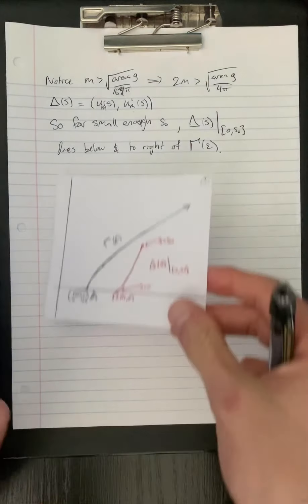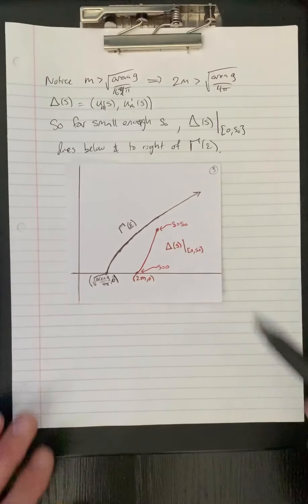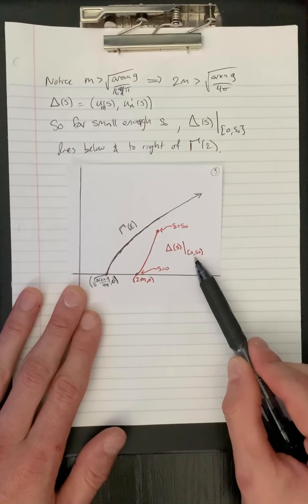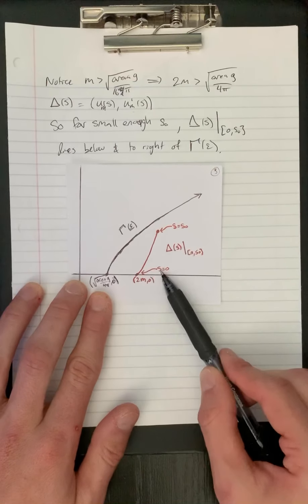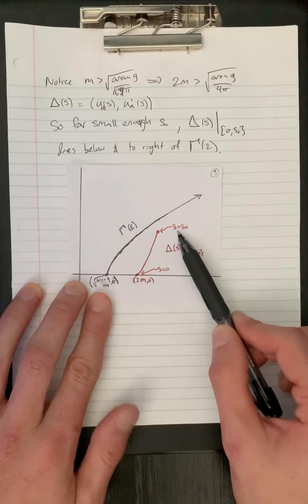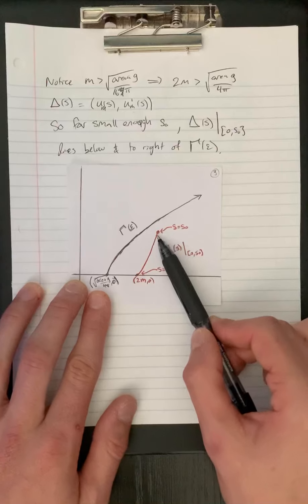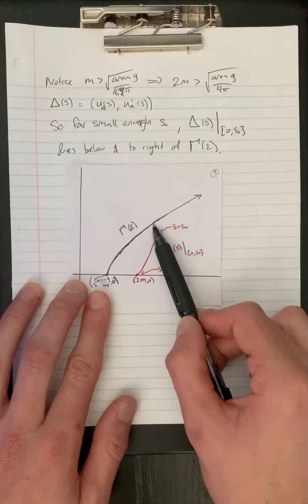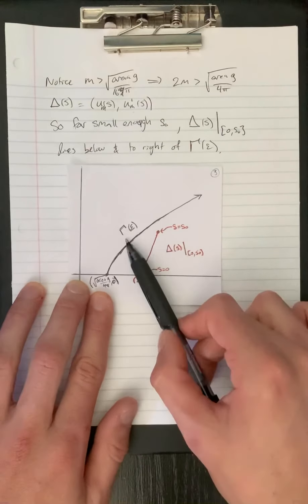So let me show you a picture of that. This is delta of S, just restricted to this subinterval, because this point corresponds to 0. This point we'll say corresponds to S0. So you just choose this so that it's cut off below the graph of this function.